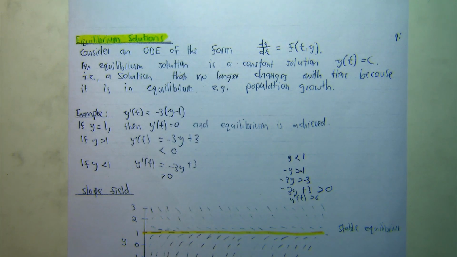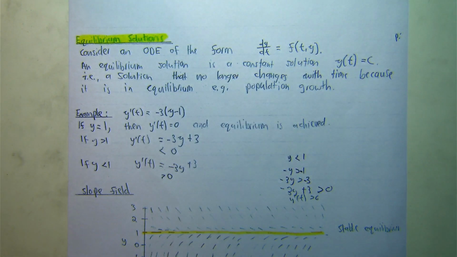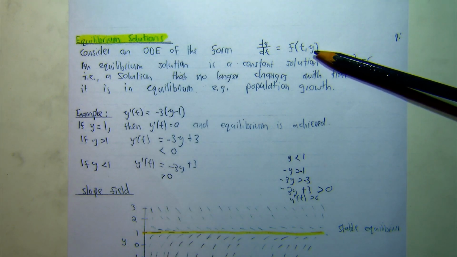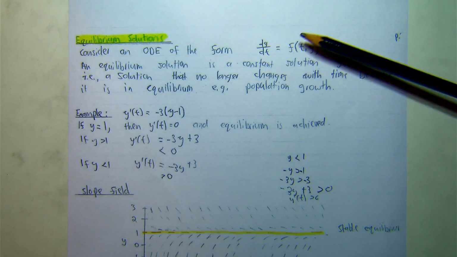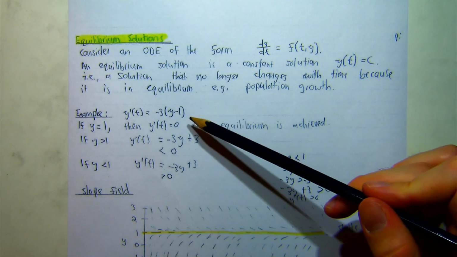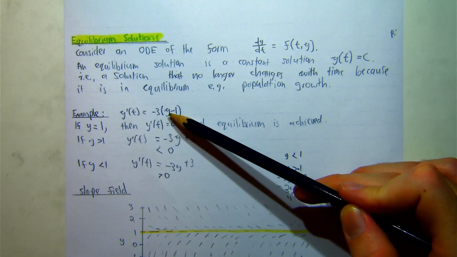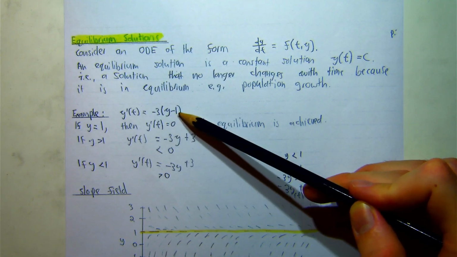An equilibrium solution is constituted by this variable just being the same as time progresses. So we're looking for an answer where the derivative is equal to 0, and over time y is not changing at all. An example of this would be if y prime of t is equal to minus 3 multiplied by y minus 1.